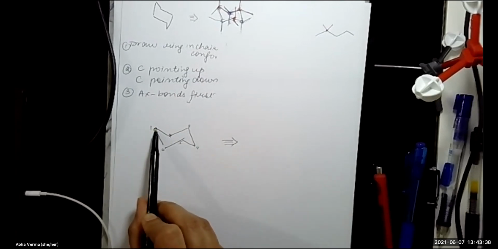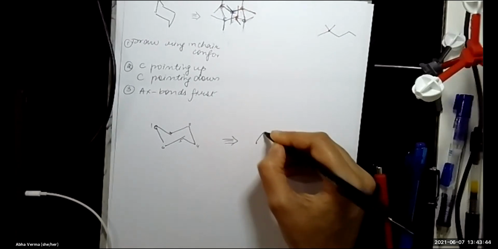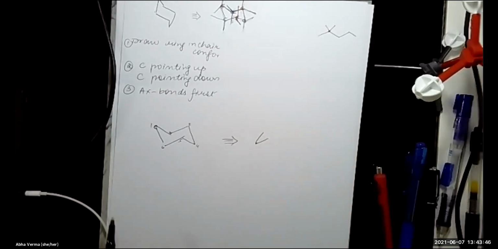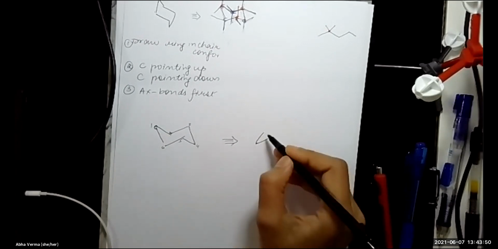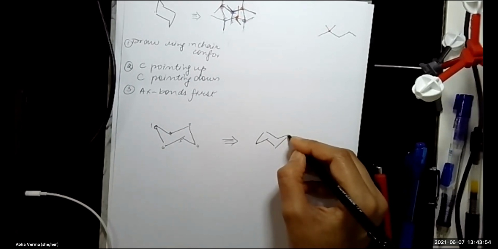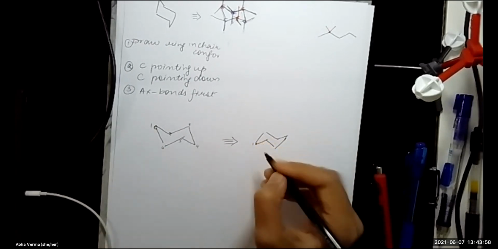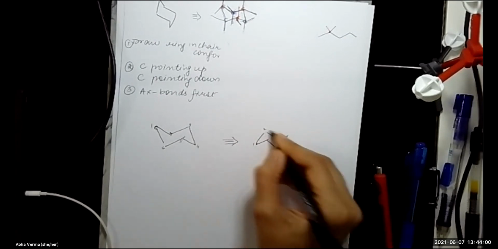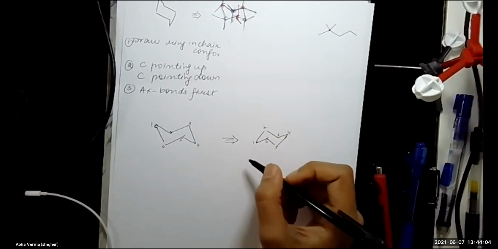I have to make sure that now in my flipped version, the carbon 1 points down, and my carbon 2 points up. Carbon 3 down, carbon 4 up. So this is my carbon 1 and this is my carbon 1, and I will label them again. 2, 3, 4, 5, 6.